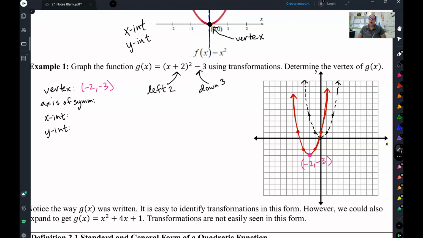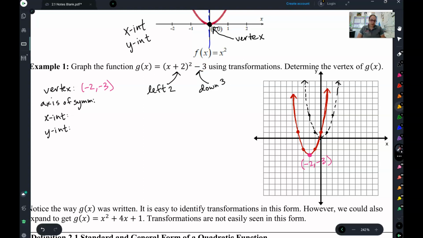That will actually always hold when your equation is written like this. This is called vertex form. It's called vertex form because it's really, really easy to find the vertex when it's written this way. Your vertex will always be opposite sign of that number, comma, that number, and that's your vertex.